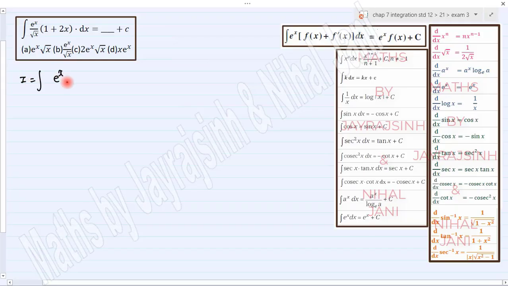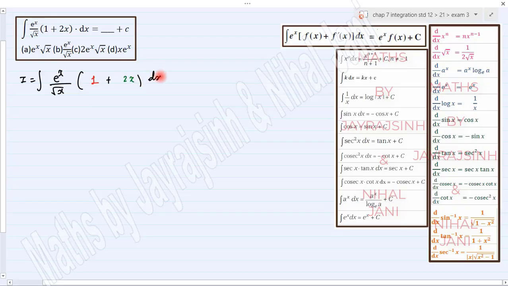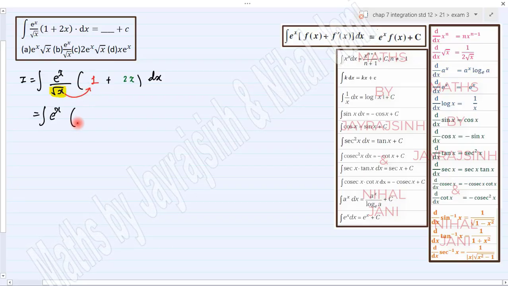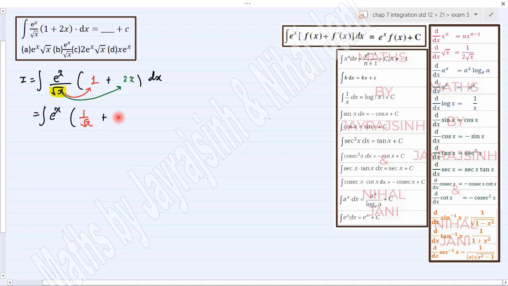Here you have to integrate e raised to x upon under root of x into 1 plus 2x. Now let's multiply this root x within the bracket. So root x ones are 1 upon root x, and this root x multiplied with 2x will give us 2 into root x.